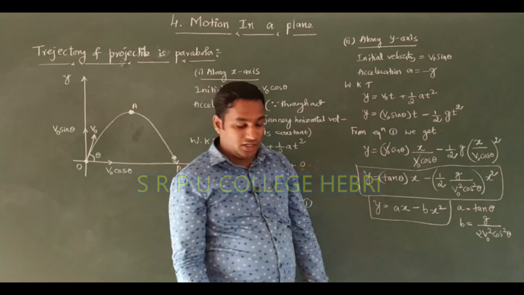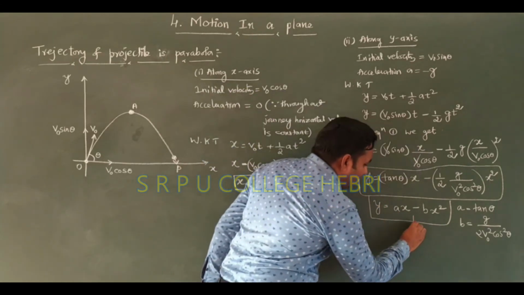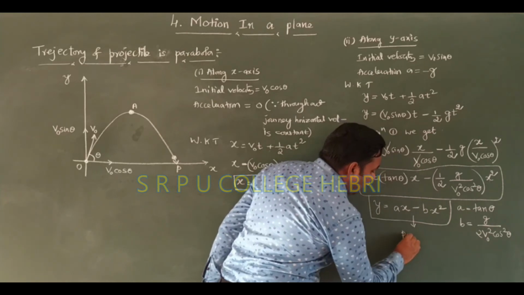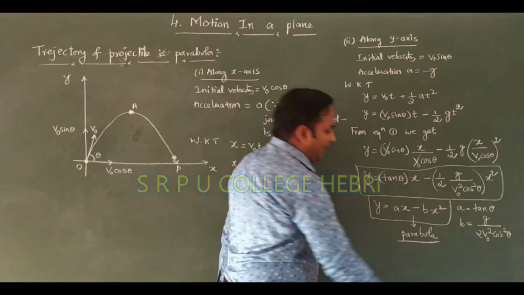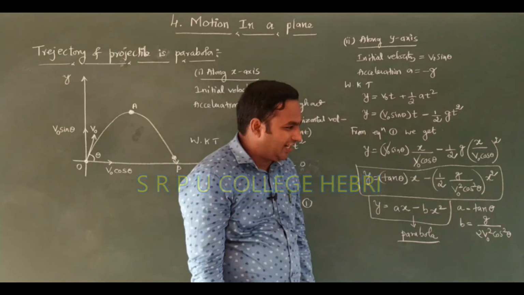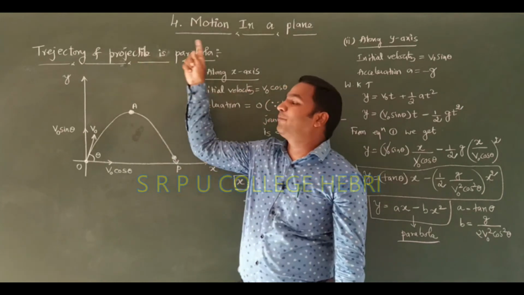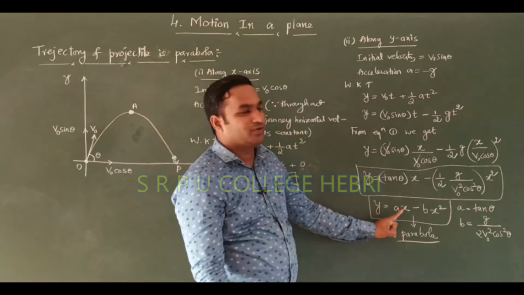What does this equation represent? This equation represents the equation of a parabola. Equation of parabola. That's why we come to the conclusion that the trajectory of a projectile is a parabola. Hence, this one is proved.